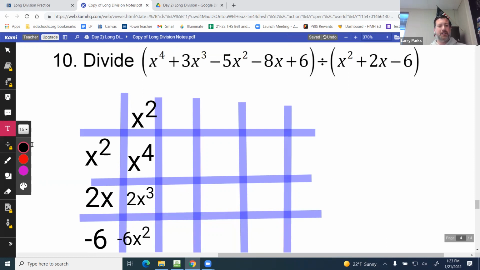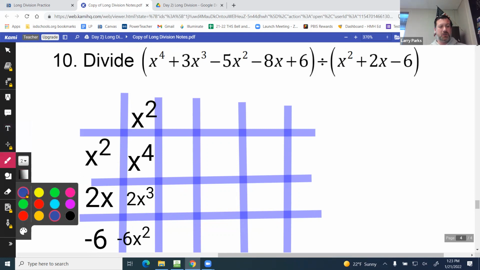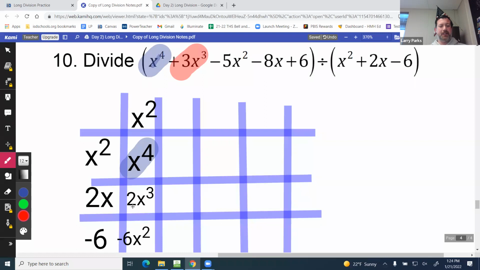Now remember, we have this one, this one, this one's going to go here, diagonal. And then to get this, it's going to be this diagonal.